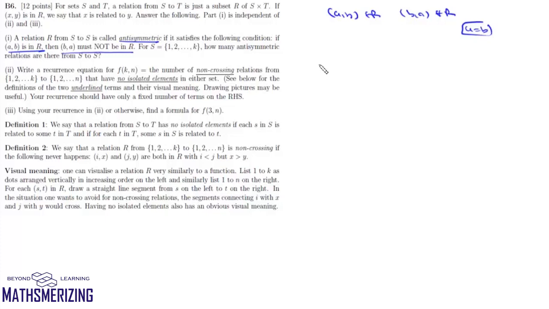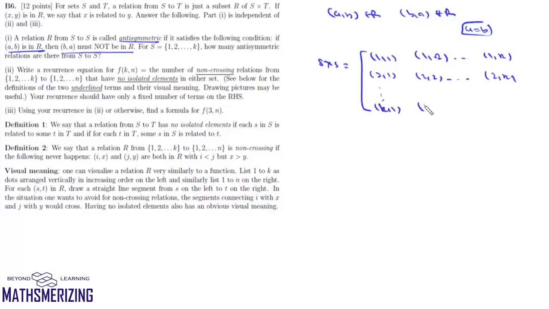Now we'll consider all Cartesian products S cross S. Then we'll write these products as (1,1), (1,2), ..., (1,k), (2,1), (2,2), ..., (2,k), and then (k,1), (k,2), ..., (k,k).